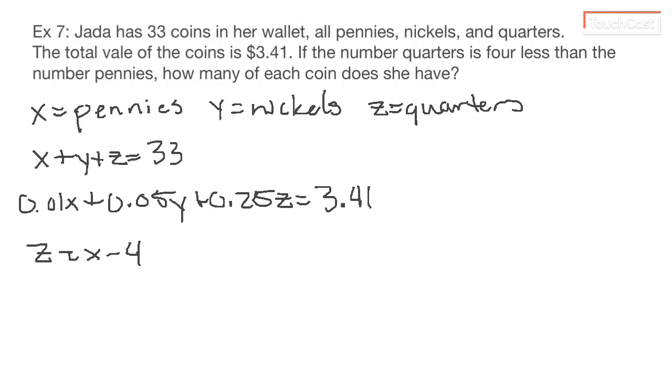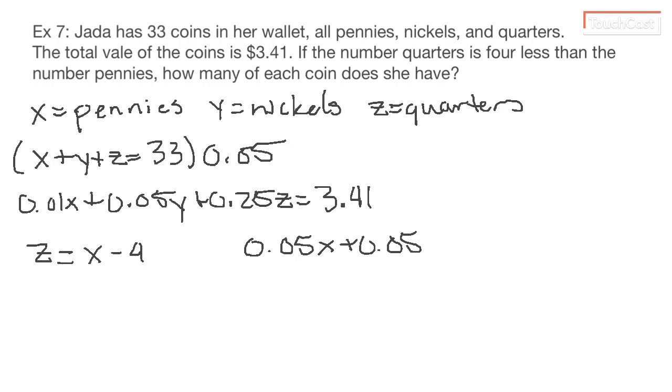When solving this, since the last equation we wrote, z equals x minus 4, is in terms of z and x, I'm going to use the first two equations and eliminate y. So I'm going to multiply the entire first equation by 0.05, and then rewrite everything. I'm going to have 0.05x plus 0.05y plus 0.05z equals 1.65.